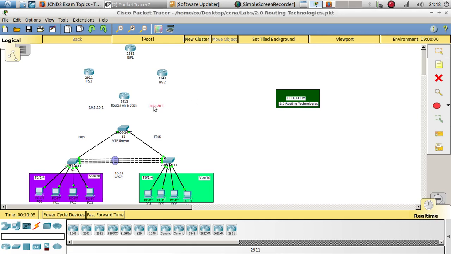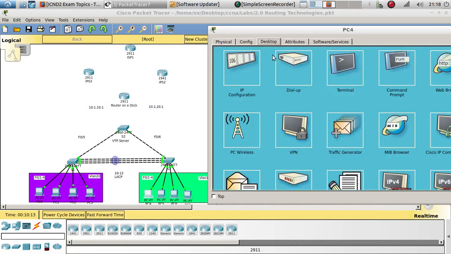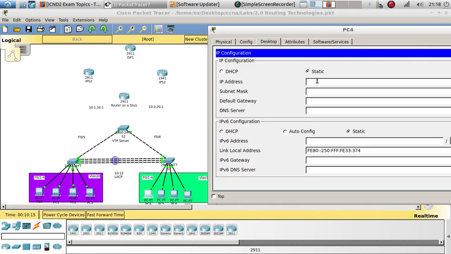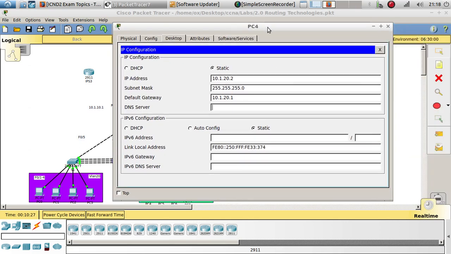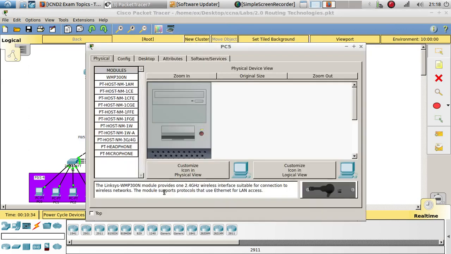So that's good. Now what we need to do is configure these computers to have these IP addresses. This one is going to be 10.1.20.2, 255.255.255.0, with 10.1.20.1 as the default gateway. We're not going to configure any DNS servers for now. So that was number 2. Let's go to number 3.